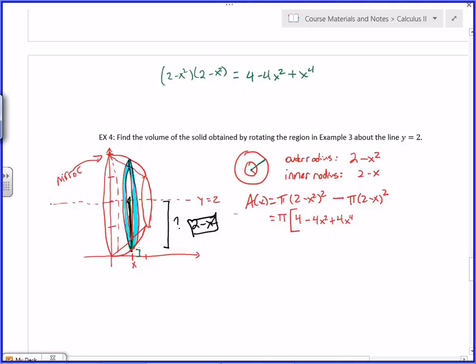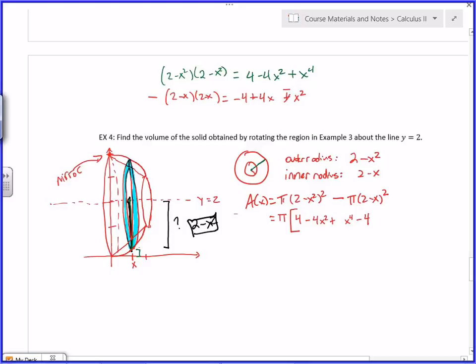So now I've got, what's that? 2 minus x times 2 minus x. 4 minus 4x plus x squared. Right. And then if I put a minus out front, because I'm subtracting, it's minus 4 plus 4x minus x squared. Sorry, the tablet's messing with my head here. Is that good?